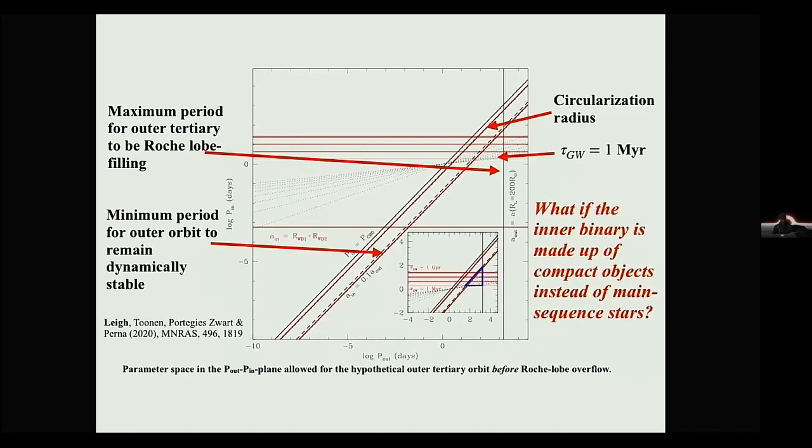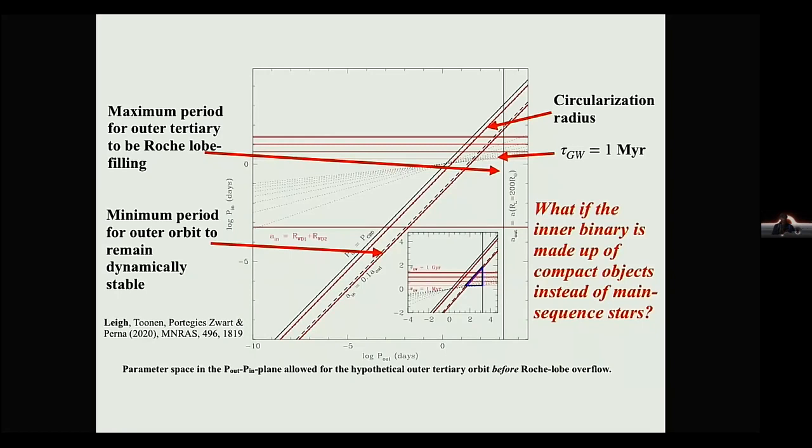The conclusion we reach is that the system must live within the blue triangle, bounded by the diagonal black line, where the inner binary would be orbiting outside of the disk, the vertical black line, where the outer tertiary would not be Roche lobe filling, and one of the horizontal red lines, or the inner binary would rapidly merge due to gravitational wave emission and would not survive long enough to have a high enough probability of being observed.